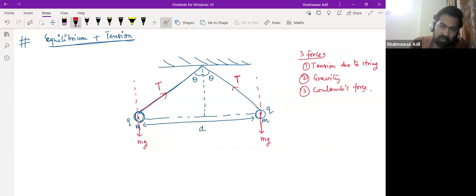So what would be the direction of Coulomb force at this point? What would be the direction? Up, down, right, left. What would be the direction?